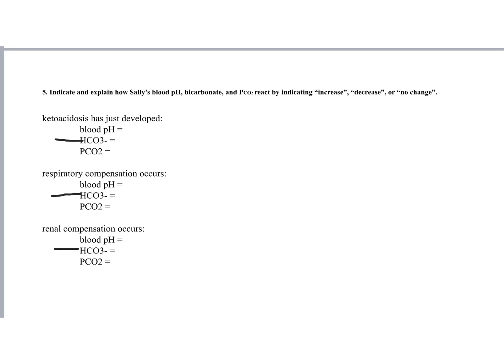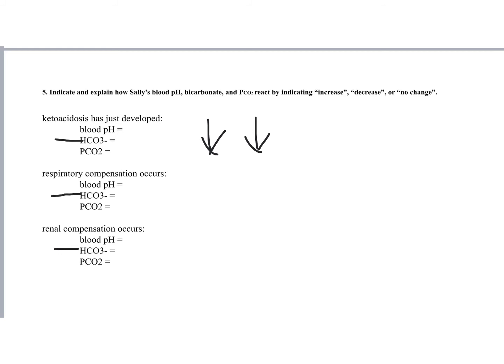But if ketoacidosis has just developed, by definition, that means the blood pH has decreased. So blood pH is going to go down. How does that affect the bicarbonate levels? Well, the bicarbonate levels are also going to decrease because it has to do with the shift in the carbonic acid reaction, which I don't really go over too much.